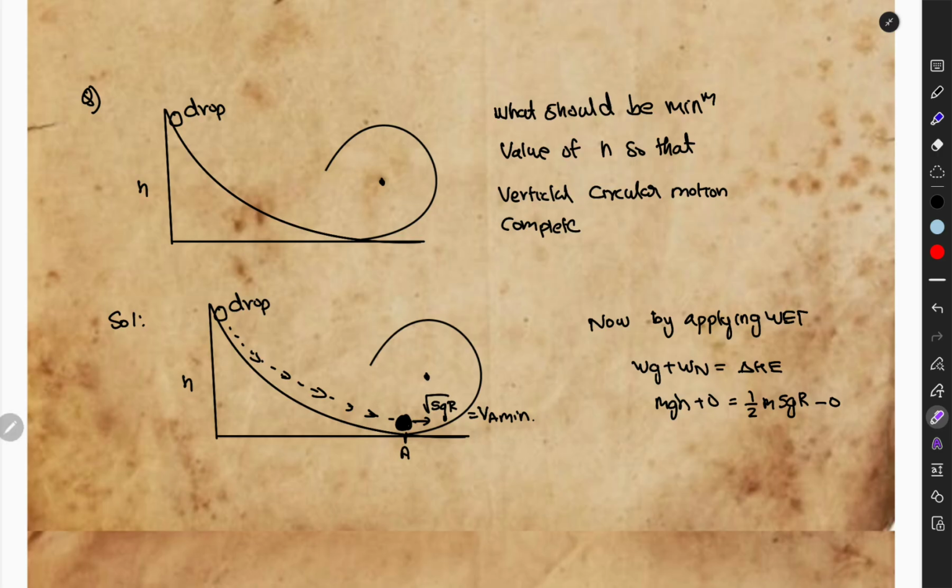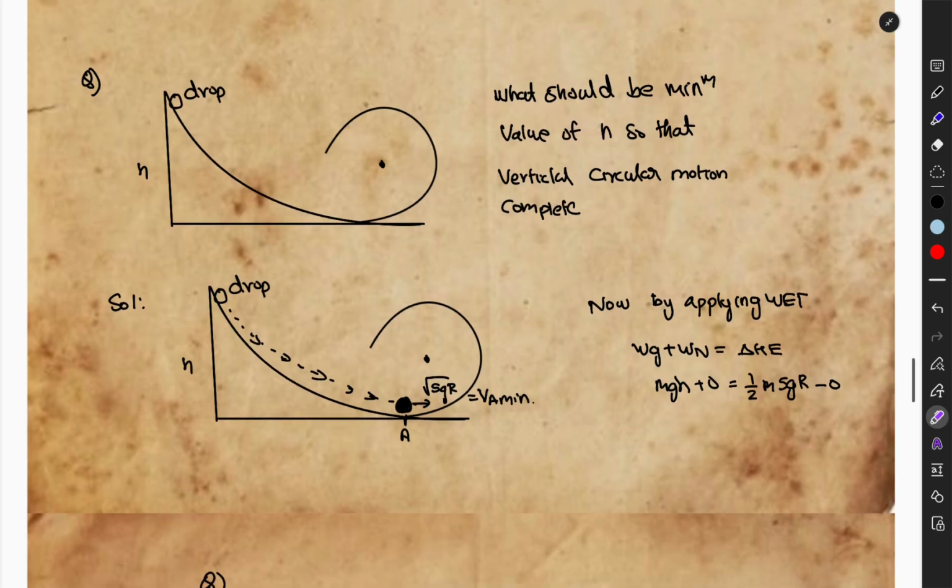So as we know, if it needs to complete the vertical circular motion, the speed here should be root under 5gr. Do you agree? Yes, right? So minimum speed should be that. So of course you can write the work energy theorem and then you can find it.